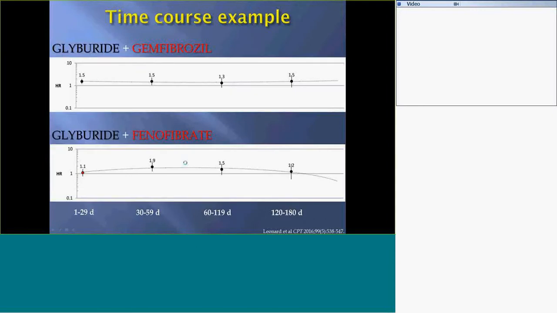But when fenofibrate was added, you can see that the risk of hypoglycemia didn't occur early, but rather peaked in the second month of therapy and then kind of went back to baseline over time. So had we not investigated these pre-specified time windows, it's possible we could have missed this potential increase in risk in concomitant use of glyburide and fenofibrate that seems to occur in a little bit of a delayed fashion.